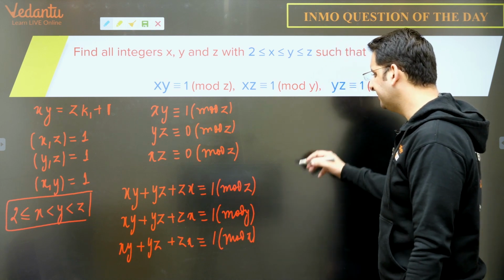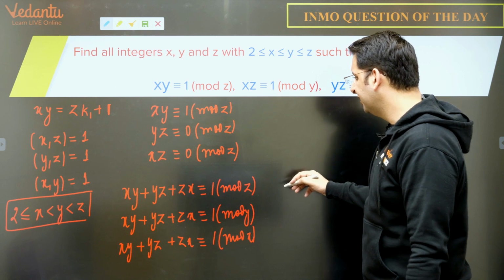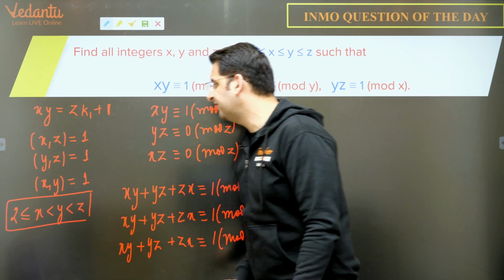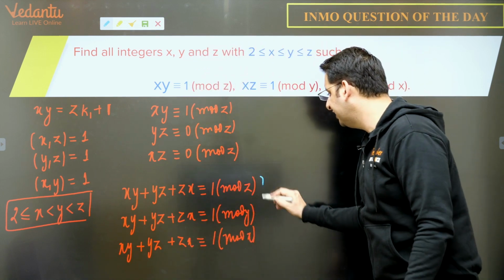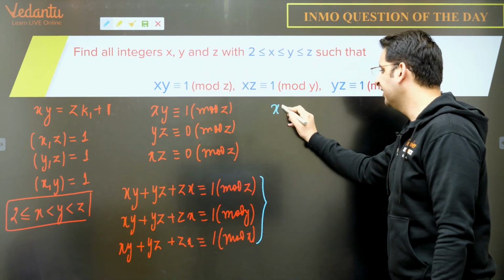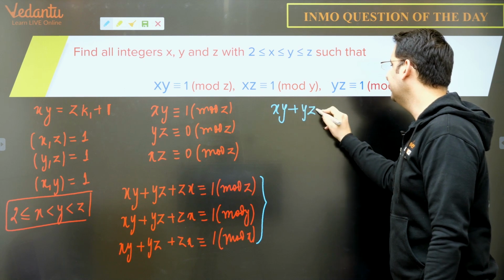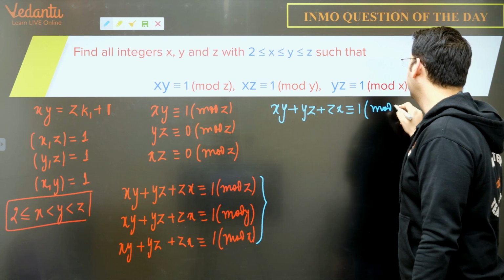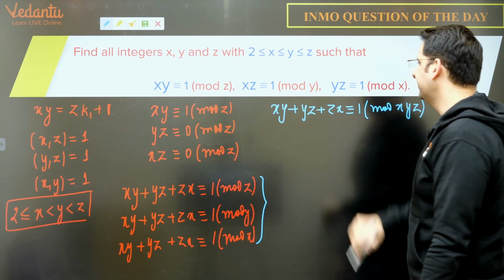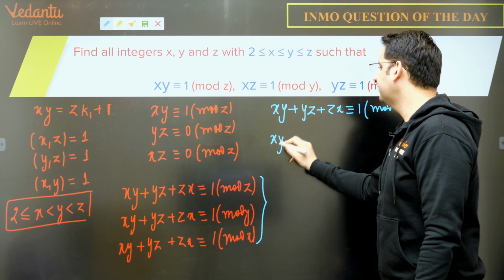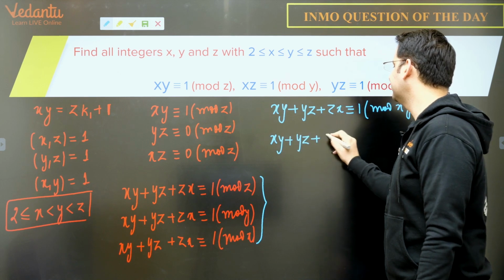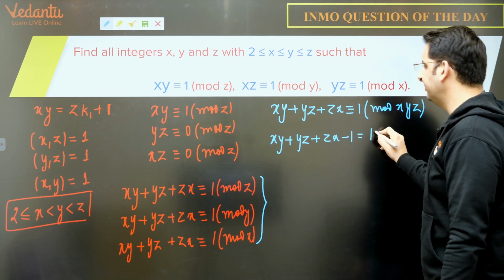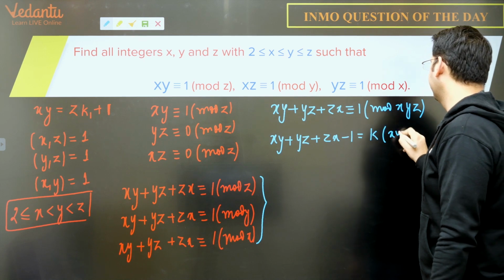So in general, because I know the GCD of x and z is 1, of y and z is 1, and of x and y is also 1, combining these three I can write that xy plus yz plus zx is 1 mod xyz. That means xy plus yz plus zx minus 1 is equal to k times xyz.